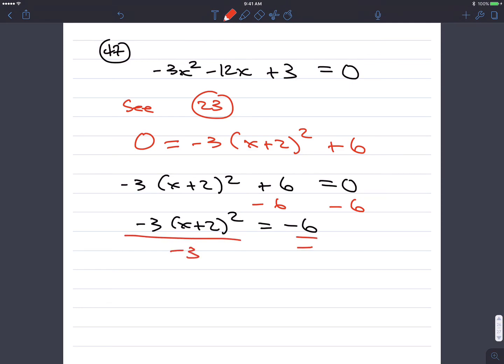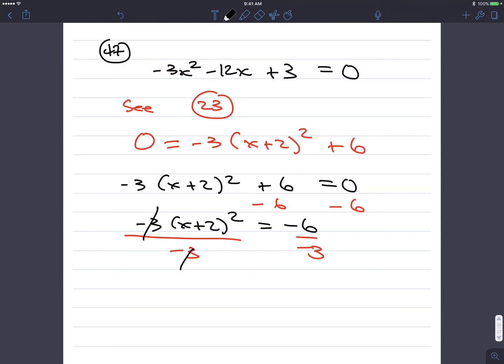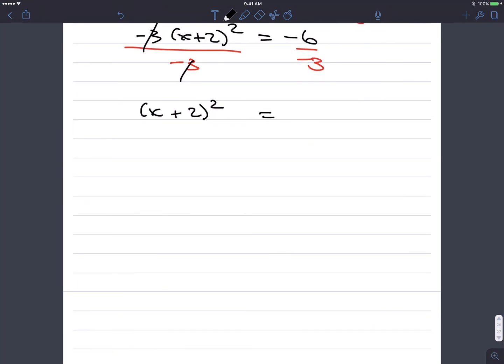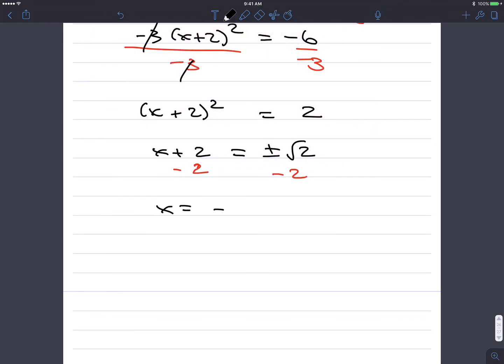Divide both sides by negative 3. X plus 2 squared is positive 2. X plus 2 will be plus or minus square root of 2. Subtract 2 from both sides. So x will be negative 2 plus or minus square root of 2.